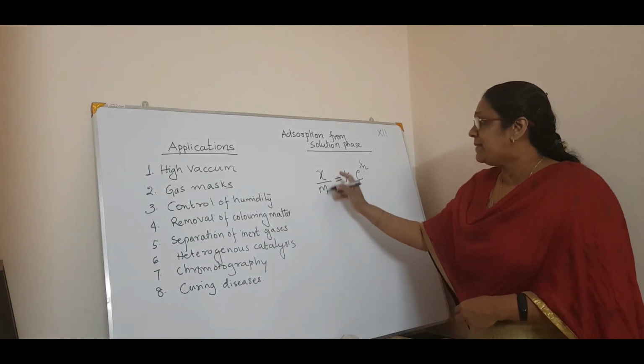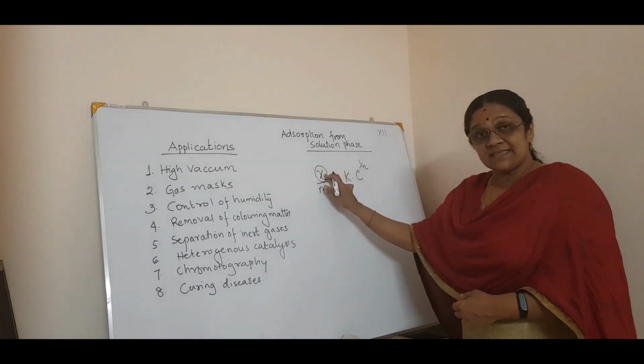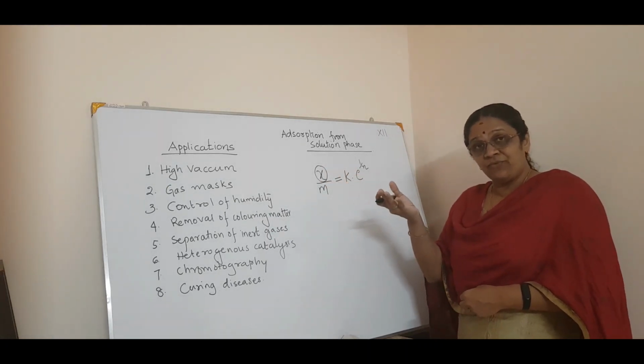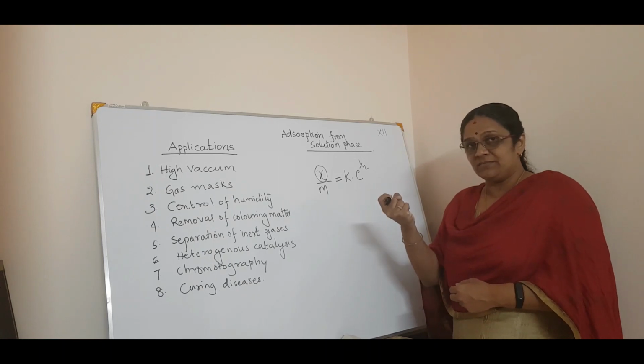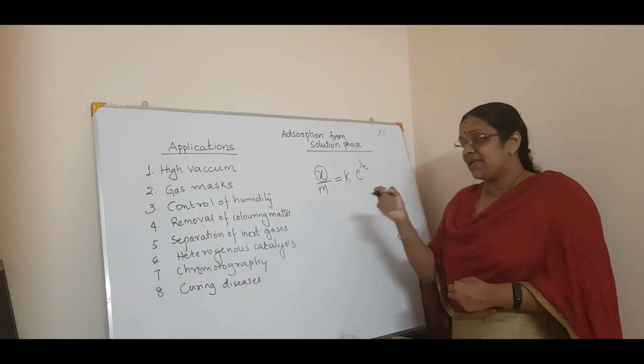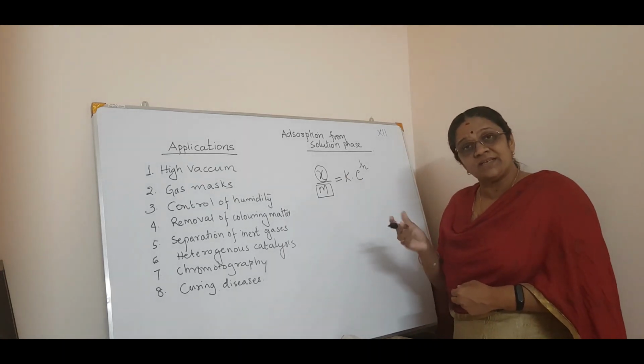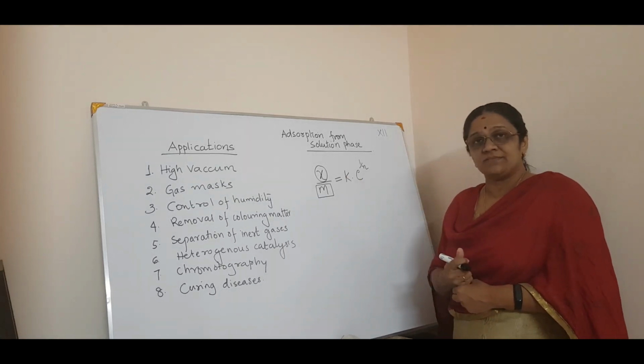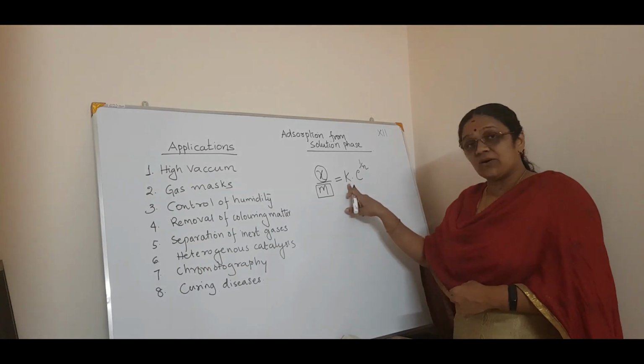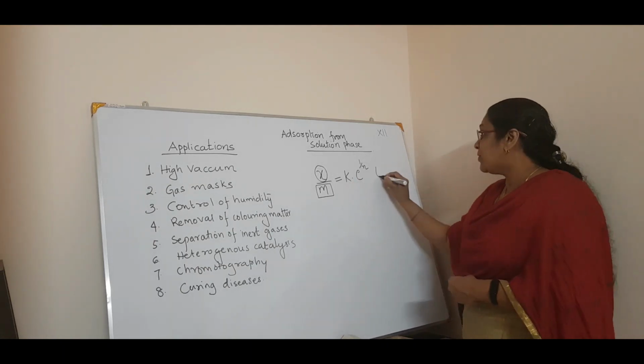So x by m: what is x? x is the extent of the solute from the solution that is getting adsorbed on unit mass of the solid adsorbent. K is a constant and C is the equilibrium concentration.